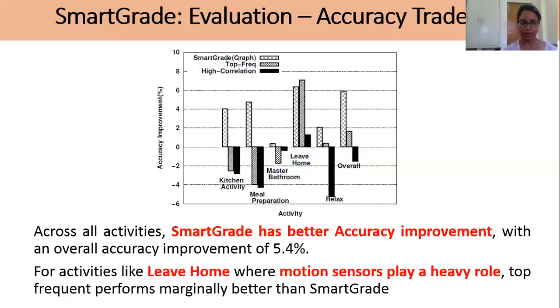For the spatiotemporal graph, we always have accuracy improvement, but in some cases, like leave home, the fourth bar, we see that top frequent is doing better, because in this case the top frequent sensor is the motion sensor, which plays a heavy role in this activity. So sometimes it is good, but most of the time our method works better, and hence has a high average accuracy improvement.